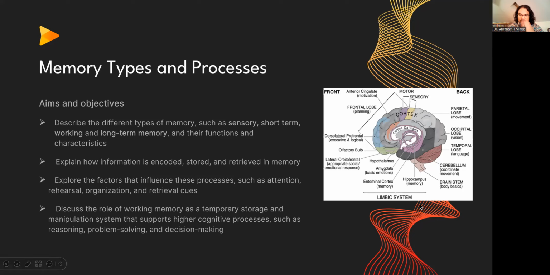On the right here, you will see all of the anatomy of the brain that's involved in forming our memories and taking in the senses. I'm not going to go through this in great detail.